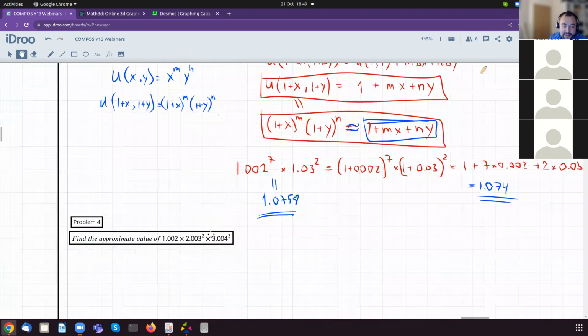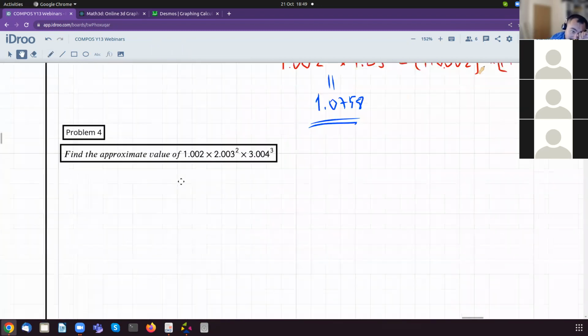It's an easier example, by the way. Find the approximate value of 1.002 times 2.003 squared plus 3 times 0.004 cubed. Well, we need a suitable function. And the suitable function is u equal to x times y squared times z cubed.